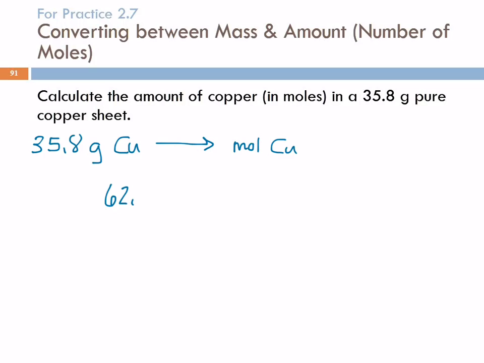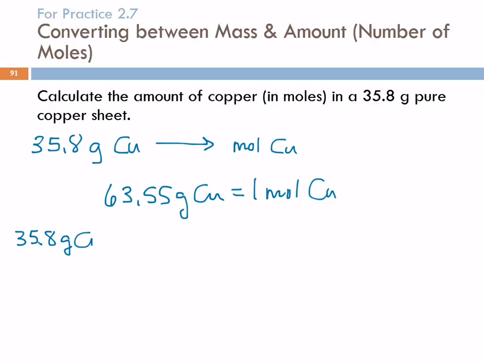62.5? No, 63.55. Yeah, that sounds better. 63.55. So we look it up in the periodic table. 63.55 grams of copper is equal to 1 mole of copper. So I'm going to go from grams to moles. I have 1 arrow. I have 1 conversion factor, 35.8 grams of copper.